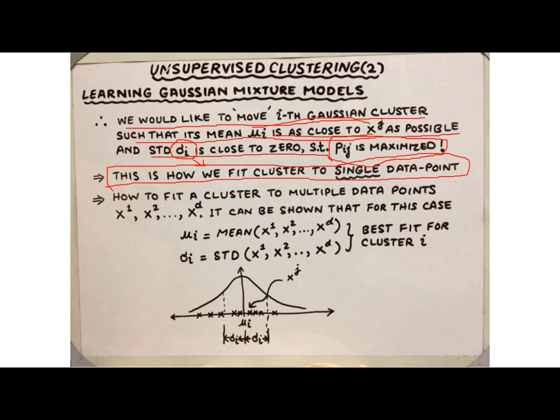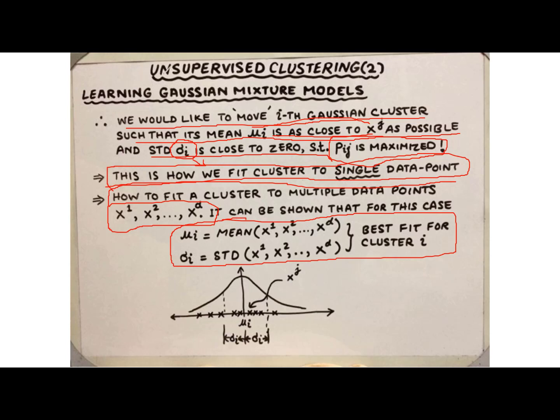But we are not working with single data points. Instead, we have a large number of data points, x1 through xd to be specific. And as part of the homework exercise, you're going to show that one can fit a cluster to multiple data points using the log likelihood maximization technique that we discussed earlier.